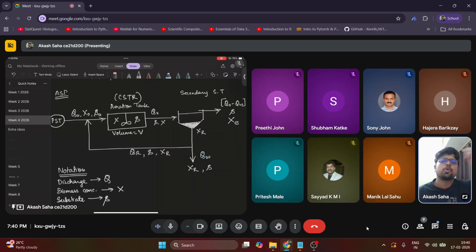So this is again going into the tank. Now you can see that at this point, there are two flows coming, one is Q naught and one is QR. So that's why the flow that is coming out from the aeration tank will be Q naught plus QR. That's why I was not writing it earlier. Is it fine?